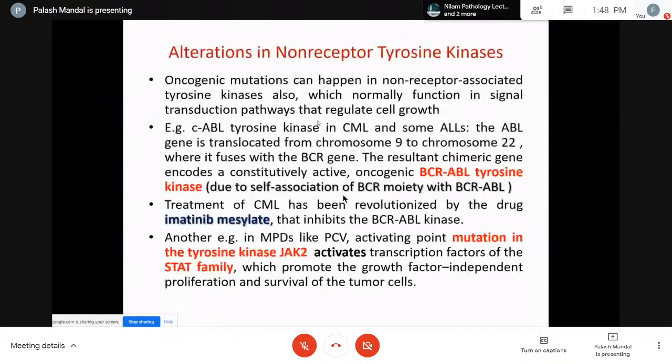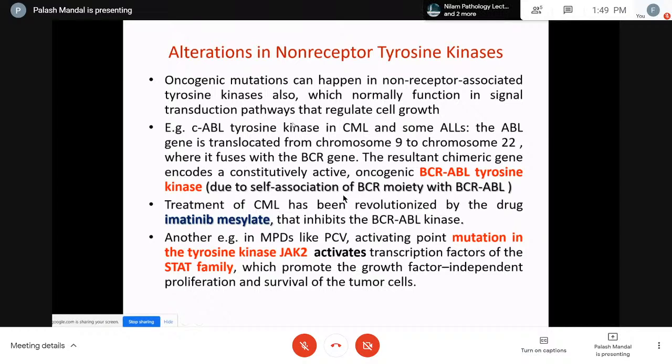Now coming to the next family of oncogenes, the non-receptor tyrosine kinases. These are oncogenic mutations in non-receptor associated tyrosine kinases, which also function in a signal transduction pathway leading to cell growth.